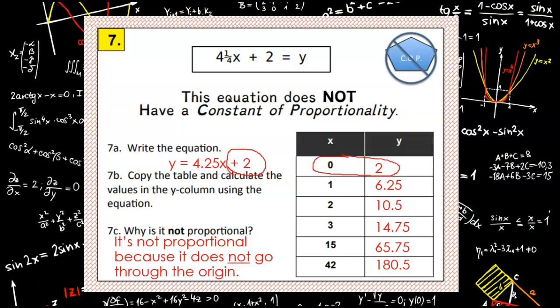If it was 0, 0, we would not have a y-intercept, and that would be a proportional relationship. But we know that this one is not a proportional relationship because it starts at 0, 2 on the graph. Then you can plug in 1 for x to solve for your y values here. And so it is not proportional because it does not go through the origin.